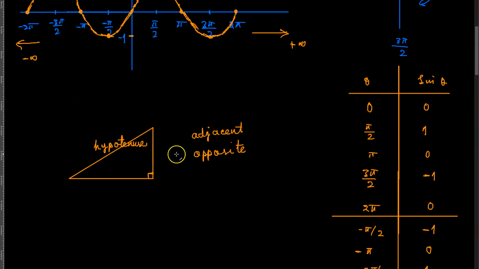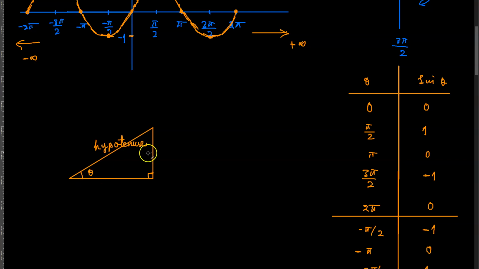So in a right triangle you have the hypotenuse, and you have this side and this side. Now if I call this angle theta, then relative to theta, one of these sides is going to be opposite theta, one is going to be adjacent to theta, and the third side is of course going to remain the hypotenuse, because whatever you do, the hypotenuse remains the hypotenuse. You can take theta here or here, right?